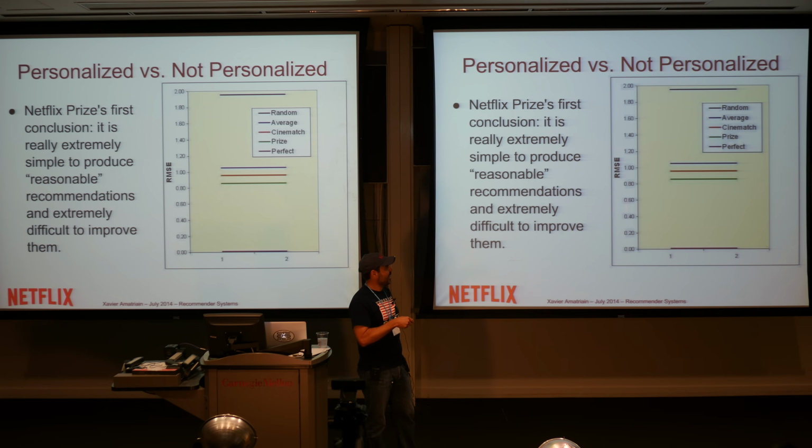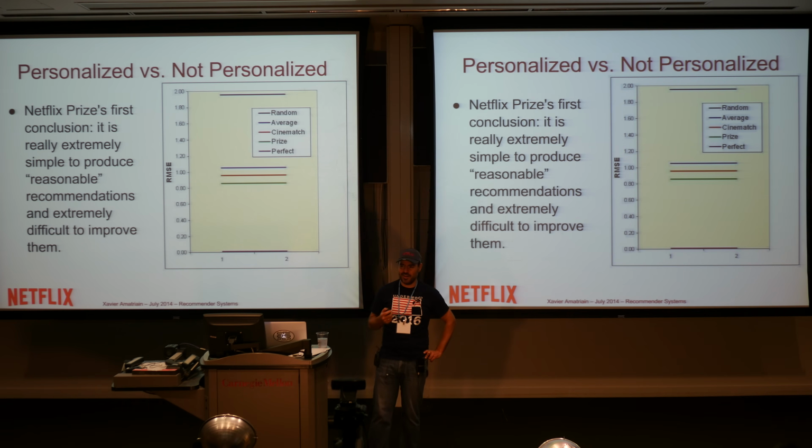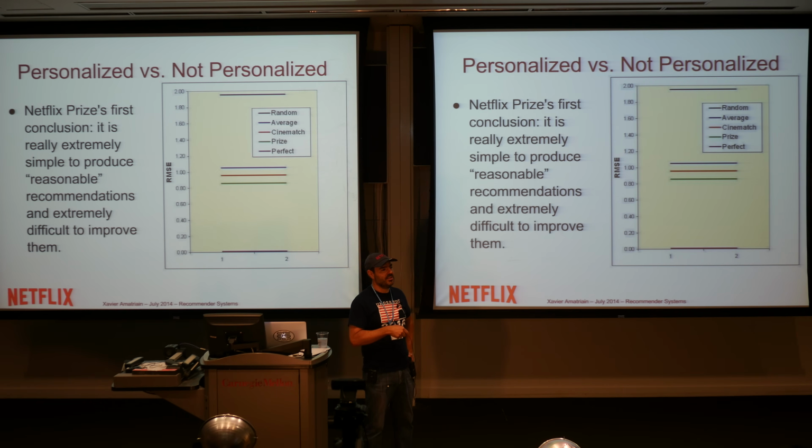I think this is a very interesting plot to internalize if you're thinking about recommendations: what's the root mean square error of a completely random recommendation? This is a 5-point Likert scale, so 1 to 5 ratings. If you're completely random, you'll be here. If you use the average, you're going to be right over here.